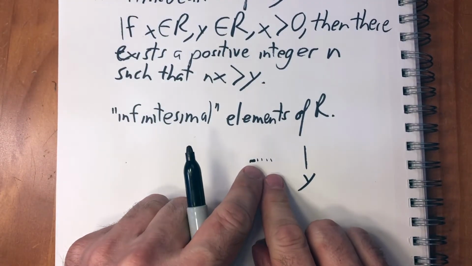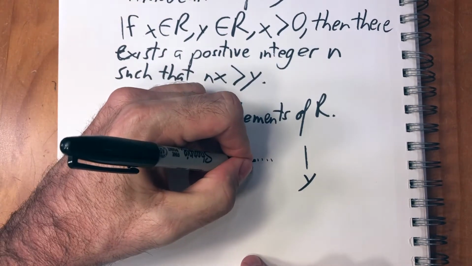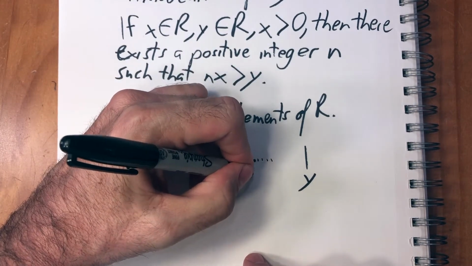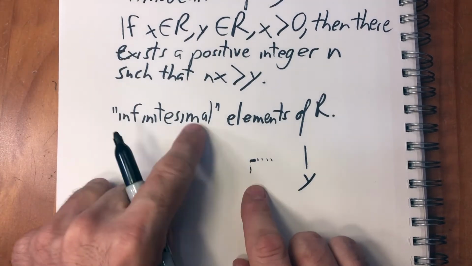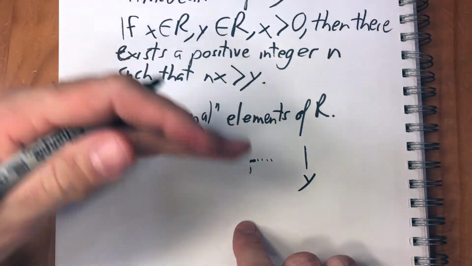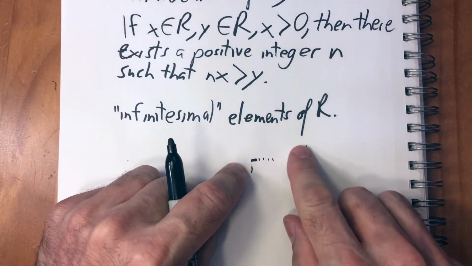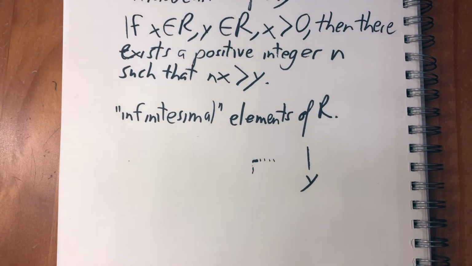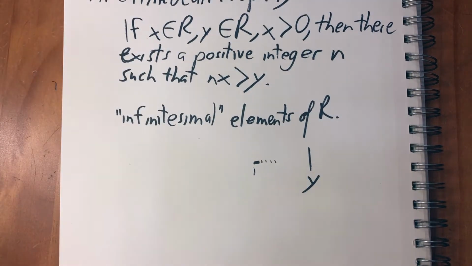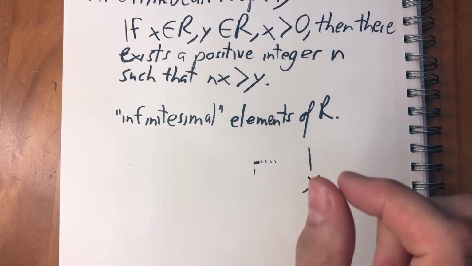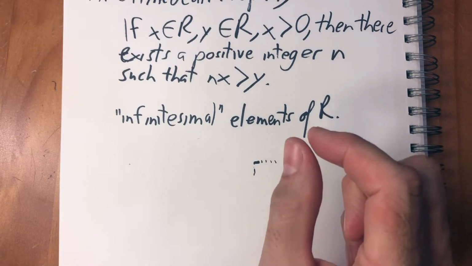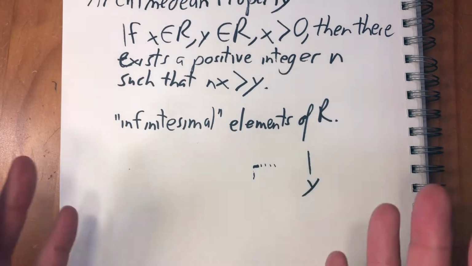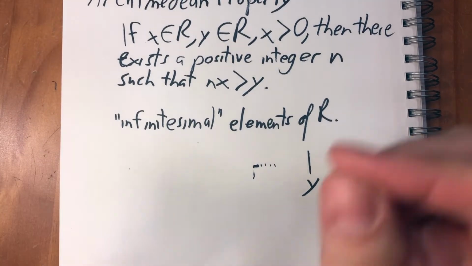But if x were actually infinitely small, then you could not get an integer large enough to get it over y. So this states basically that there is no such number in the real numbers; they all have substance in some way.